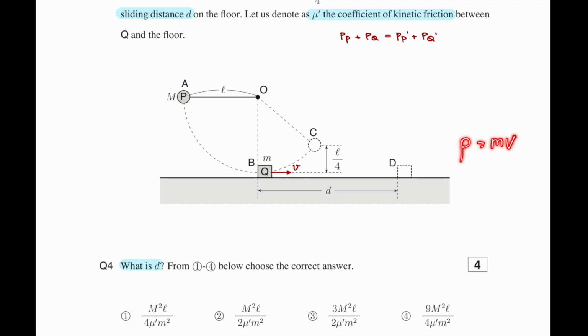Since I focus on position B, then the velocity is the velocity of object P at point B. Let me write it down as Vb.